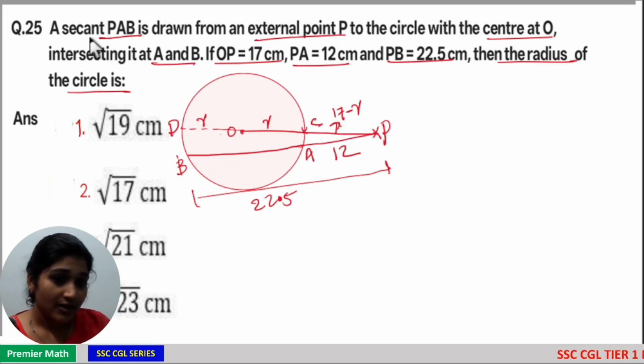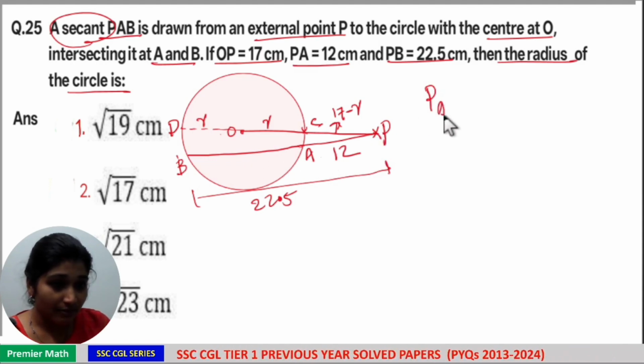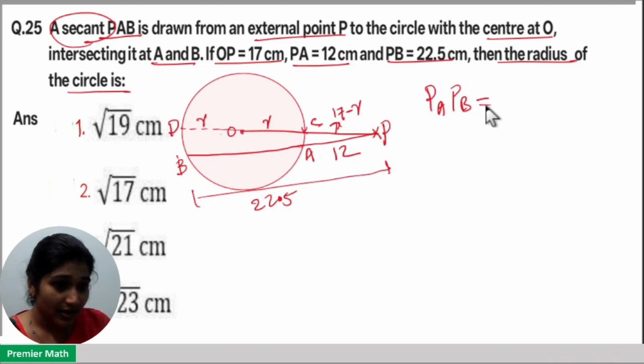Now, as per the secant relation, PA into PB is equal to, here this is the external point, PC into PD.